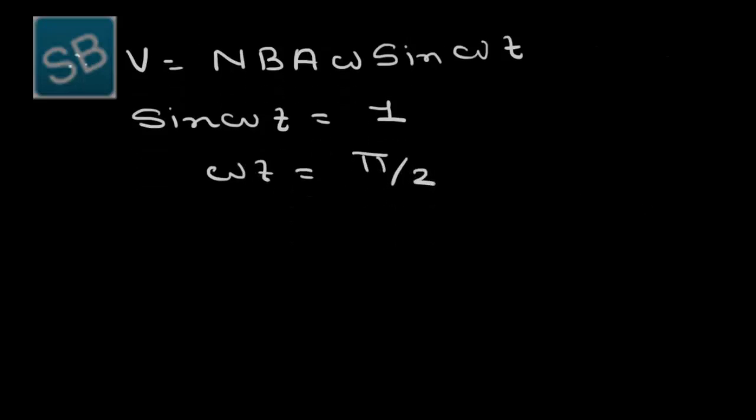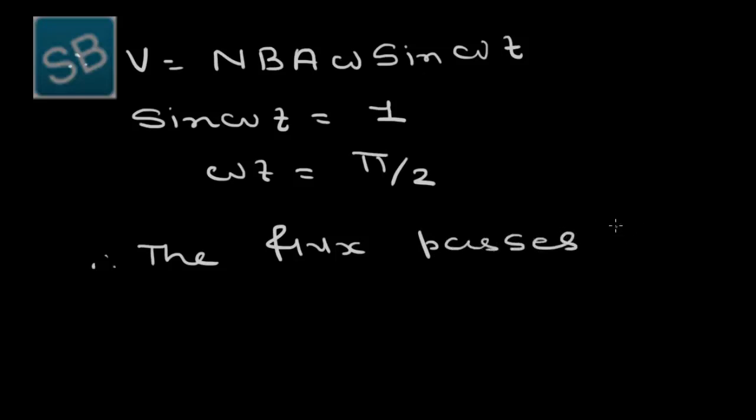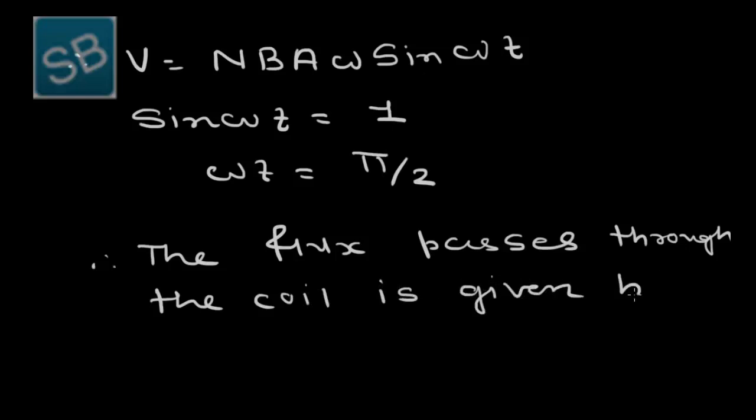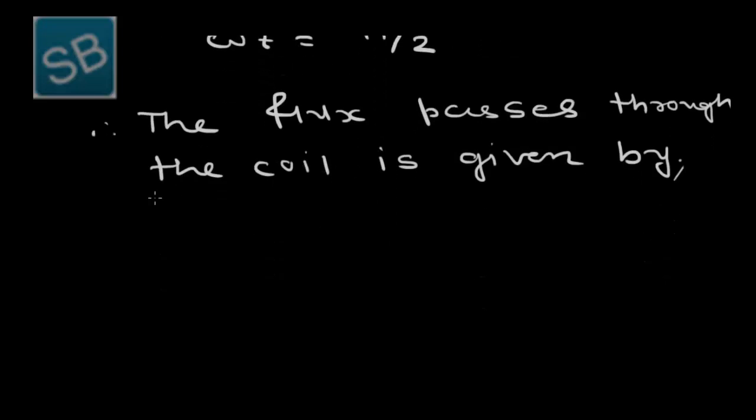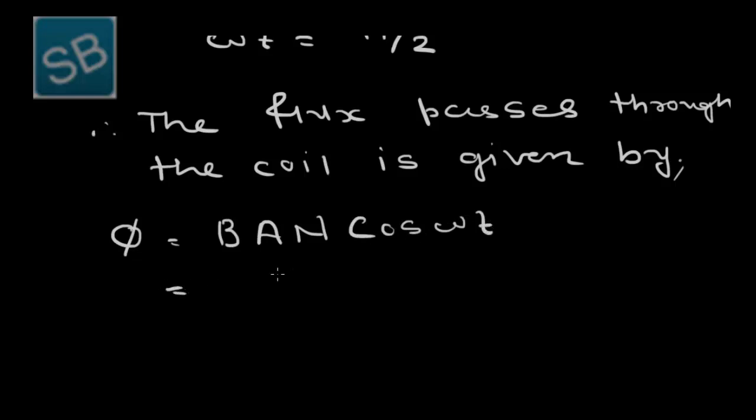Now according to the equation of the magnetic flux passing through the coil, phi is equals to BAN cos omega t, that is equals to BAN cos pi by 2.